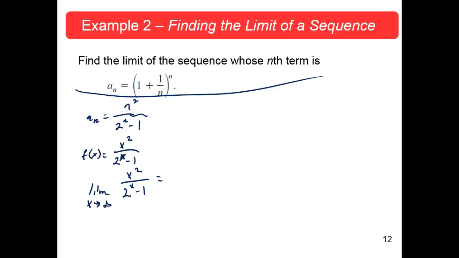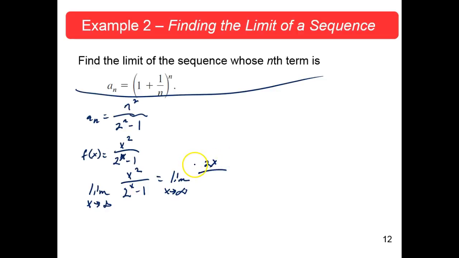Now, do you recall how you can evaluate a limit like that? That's going to infinity over infinity, obviously, right? You take the derivative? Yes. L'Hopital's rule. L'Hopital's rule said take the derivative of the numerator, take the derivative of the denominator, and see what happens. That would be the limit as x approaches infinity of, and what's the derivative of the numerator? 2x.